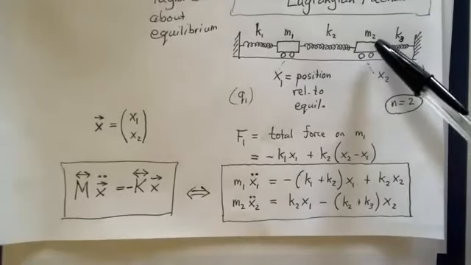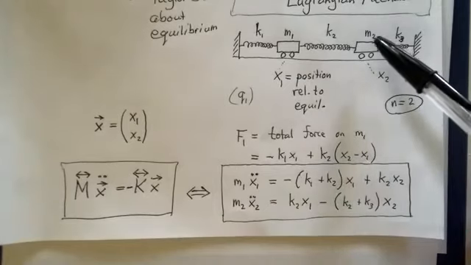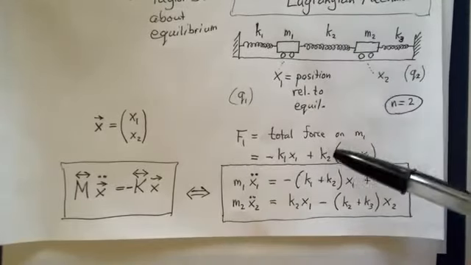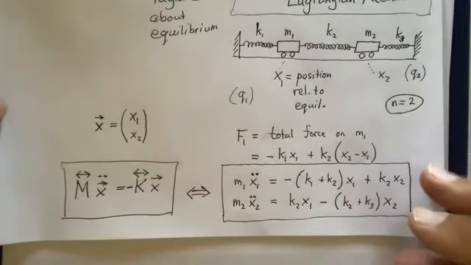If you prepare the system initially, defining the initial conditions for an experiment, and release it, then the subsequent evolution will be very special in that both masses will have the same frequency. There could be some phase shifts, but they have the same frequency of motion. So let's see how those solutions emerge. Okay, so we want to solve our system of equations.